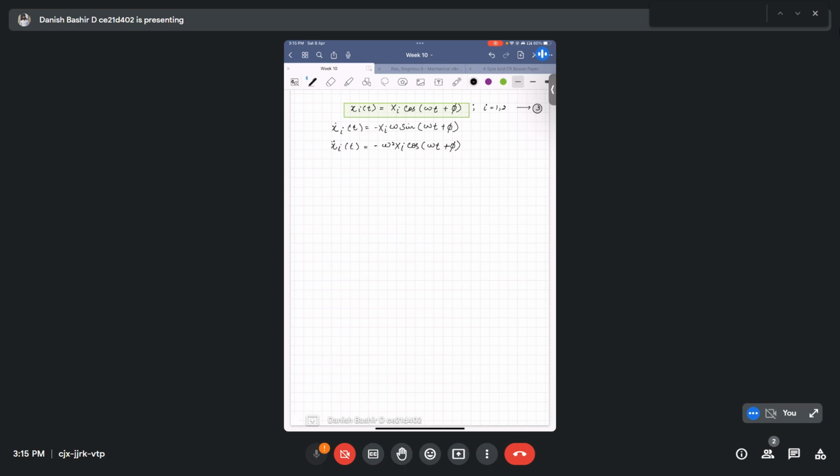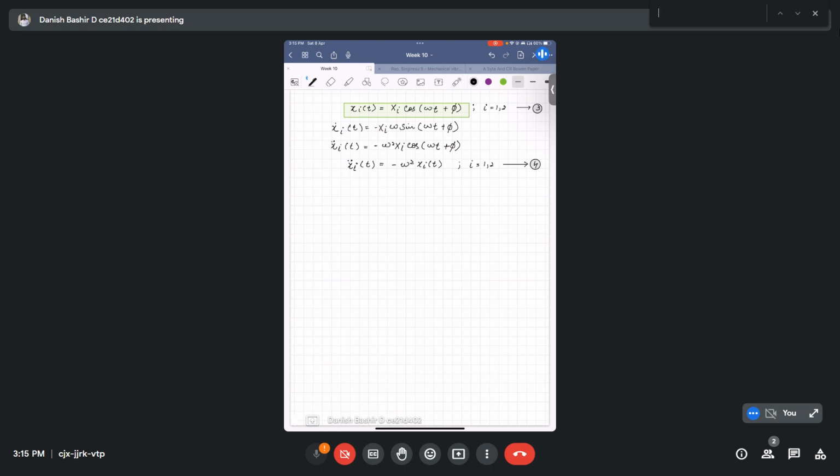We can write it in a more compact form: when we substitute back xi, it is minus omega square xi of t, for all i equal to 1, 2. We will treat this as equation 4.